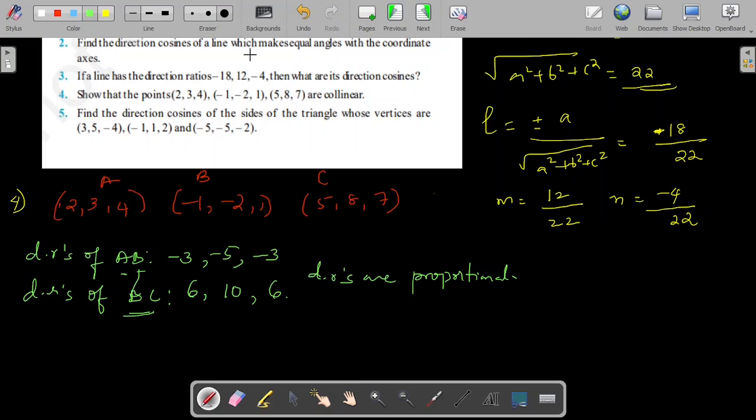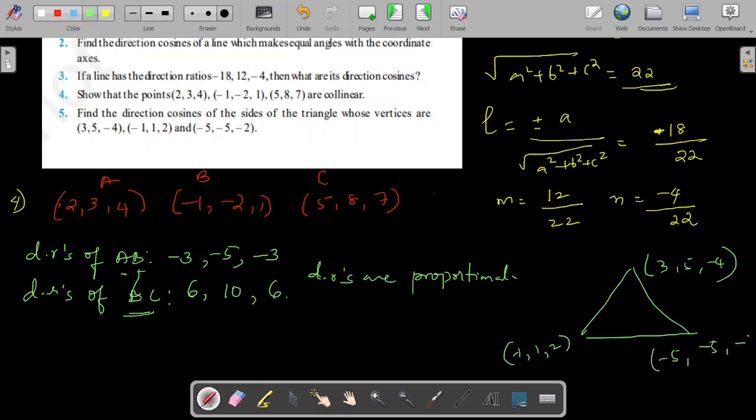Next question: find the direction cosines. Here they are asking you to find the direction cosines of the sides of a triangle whose vertices are 3, 5, minus 4, then minus 1, 1, 2, then minus 5, minus 5, minus 2. In this case, first find the direction cosines of side AB. How to do that? l is x2 minus x1 divided by the distance AB.